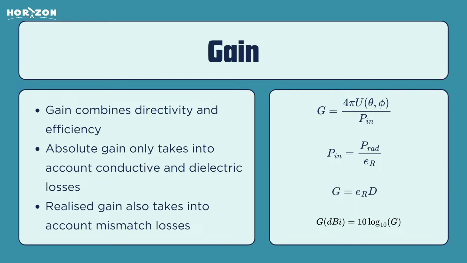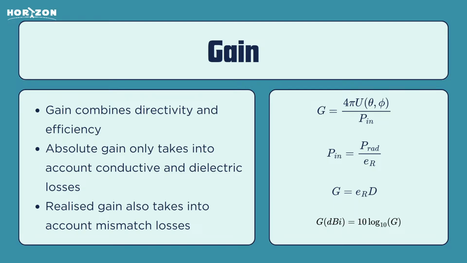Earlier, we looked into directivity. However, since it compared the radiation intensity in a given direction to the total power radiated, it doesn't give us an idea about the efficiency of an antenna. Combining these two parameters together, we have a parameter called the gain.